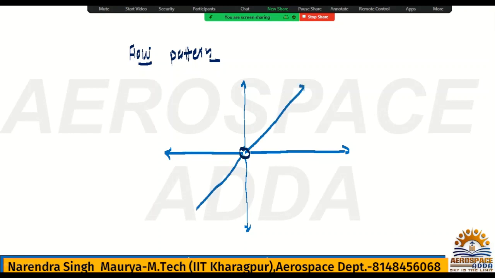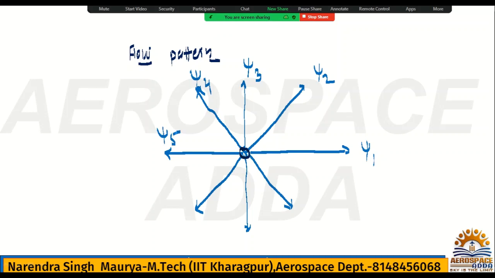If you change theta, you will get the psi value. In short, here I can say this is psi 1, psi 2, psi 3, psi 4, psi 5, psi 6, psi 7, psi 8, like this.